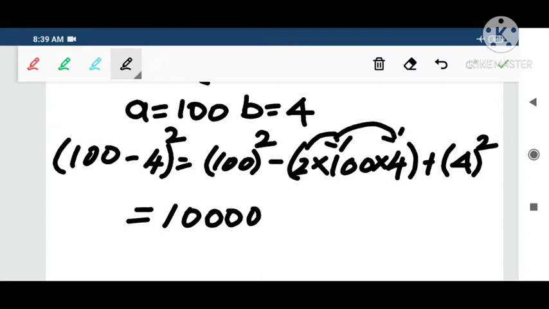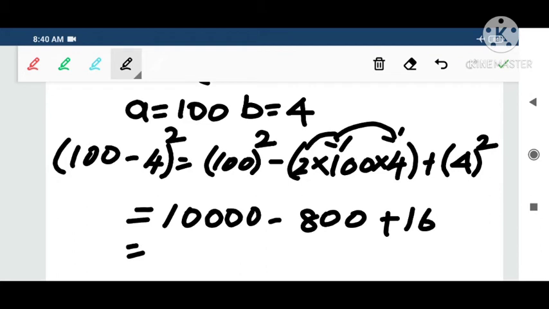The easiest way, as a shortcut method, I take the zeros as they are and just multiply the numbers. 2 ones are 2, 2 fours are 8. So if we multiply 2 into 100 into 4, we get 800. And 4 square is 16.